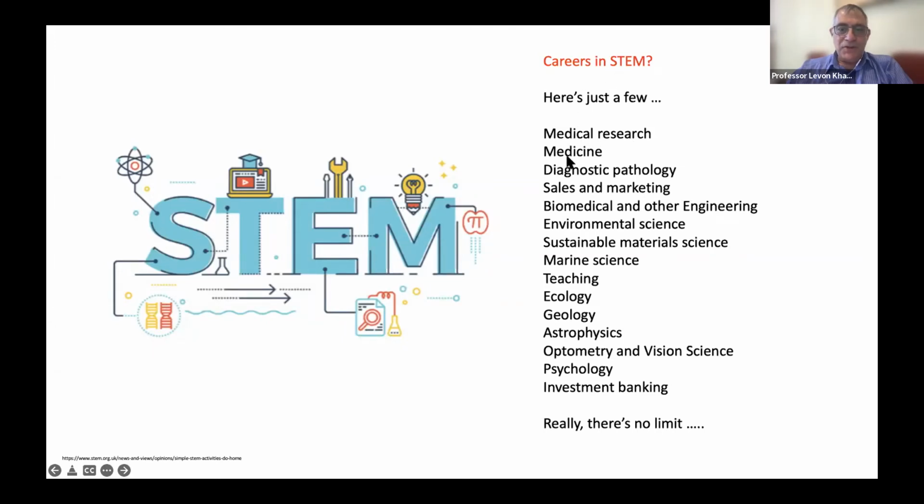with STEM, you could go into medicine, diagnostic pathology. Instead of knowledge creation or diagnosis, you could exploit that financially by selling and marketing products that help other researchers or diagnostics people to conduct their art.